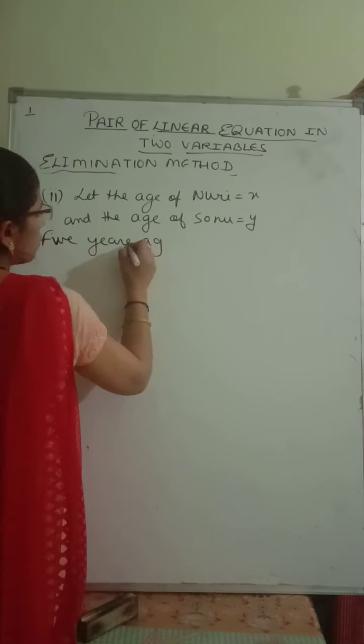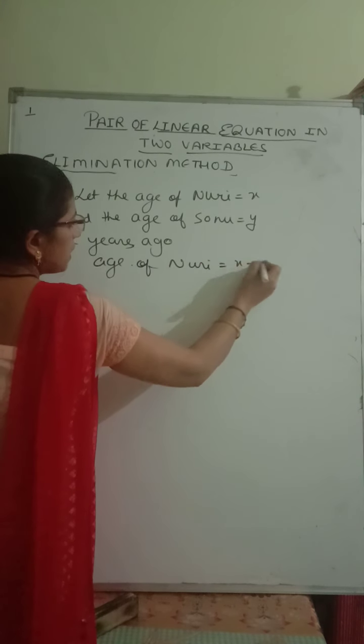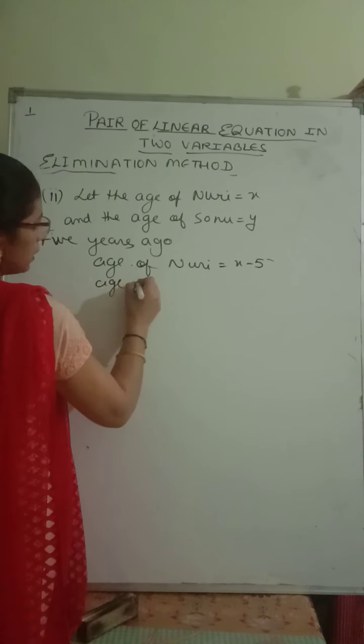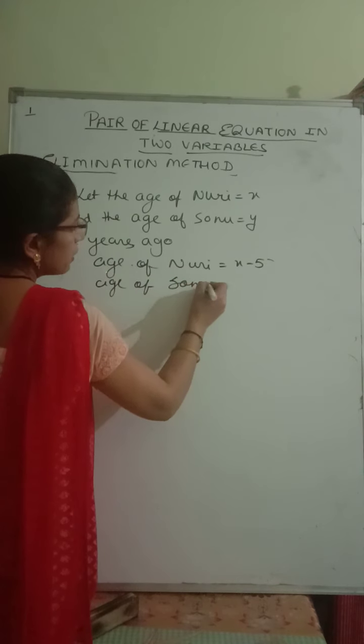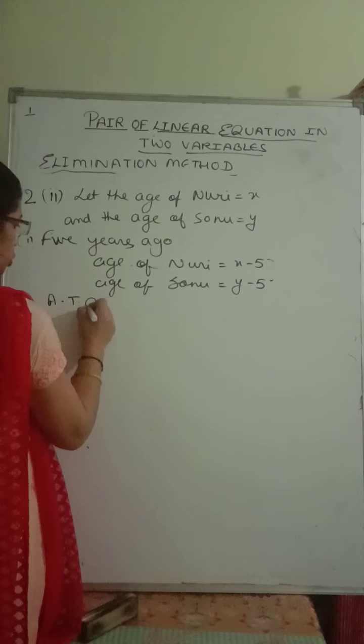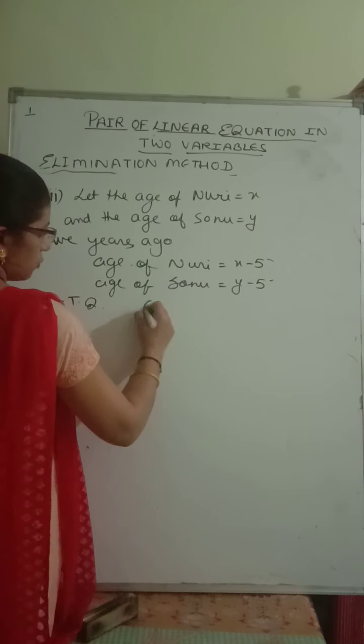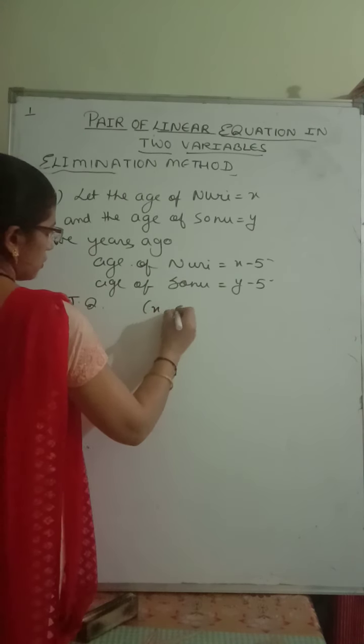Okay. 5 साल पहले क्या होगा? Age of Noori will become x minus 5 and age of Sonu will become y minus 5. So now according to the question, 5 years ago Noori was thrice as old as Sonu.